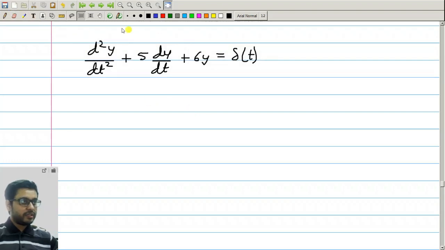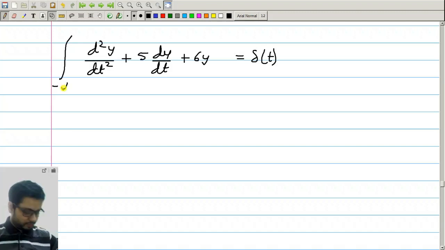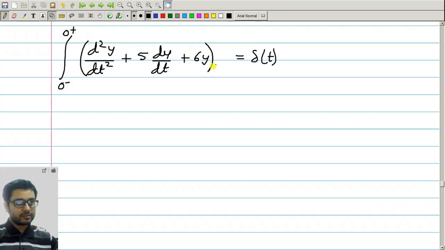Let me integrate both the sides with respect to time from 0 minus to 0 plus. This side also integrated over time.